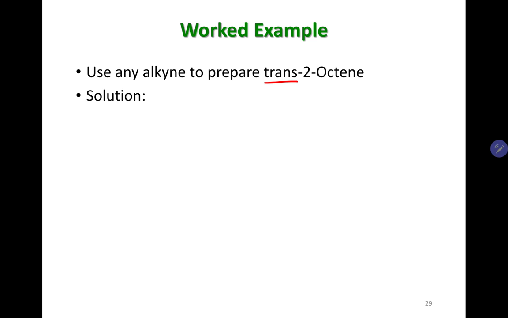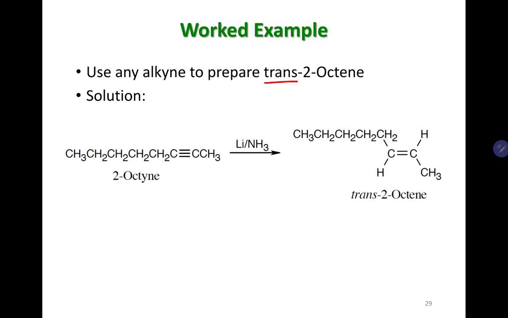So what you need is 2-octyne, and you will treat it with liquid ammonia in the presence of a metal like lithium or sodium, and it will give you the trans alkene.